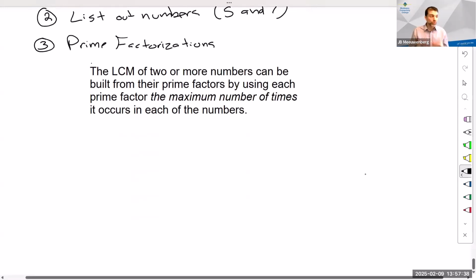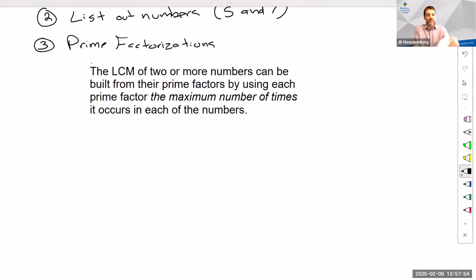The least common multiple of 2 or more numbers can be built from their prime factors by using each prime factor the maximum number of times it occurs in each of the numbers. So again, that might be one that you want to read through a couple times to make sense of, and then I'll explain how this is going to work.